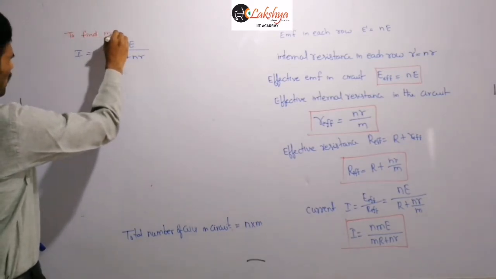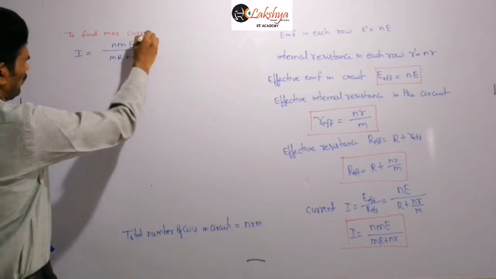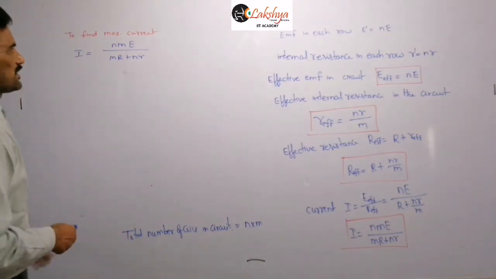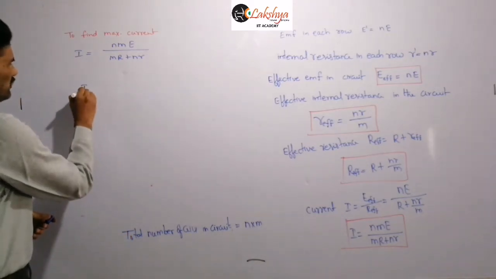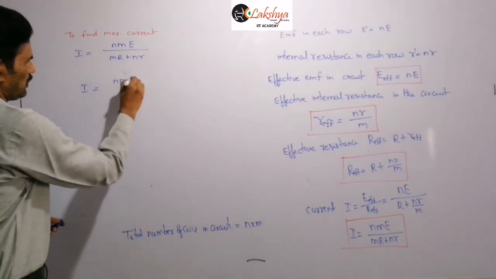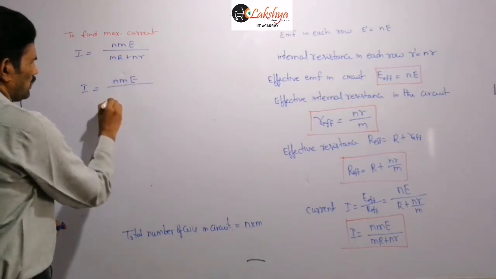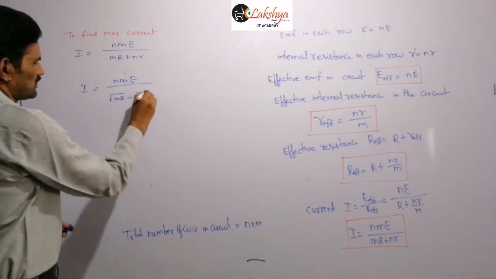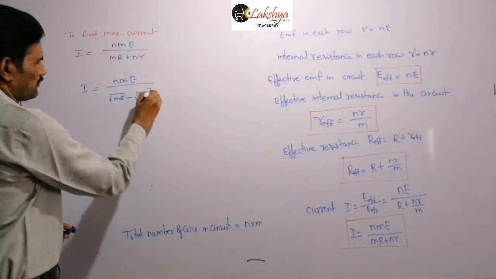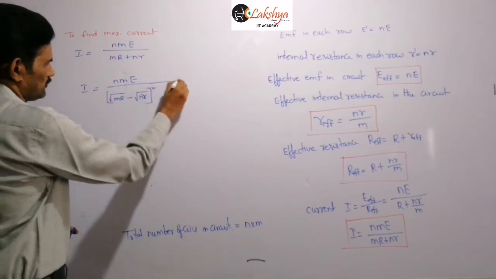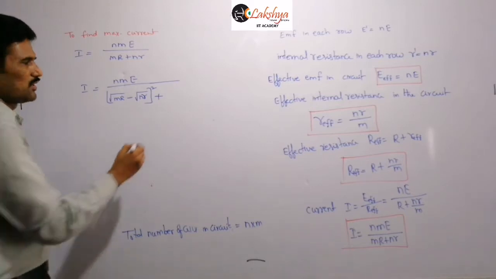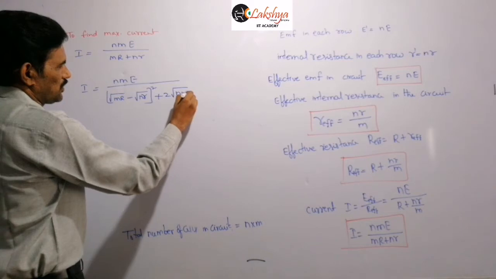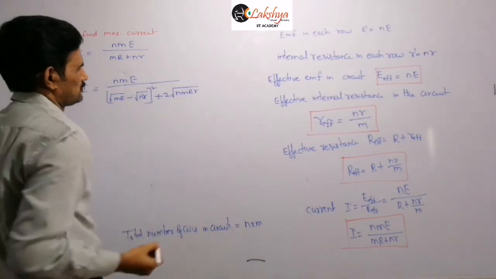We are doing this total calculation to find the maximum current. Now this expression I can write as nmE by under root mR minus under root nr whole square plus 2 into root nm into R into r.